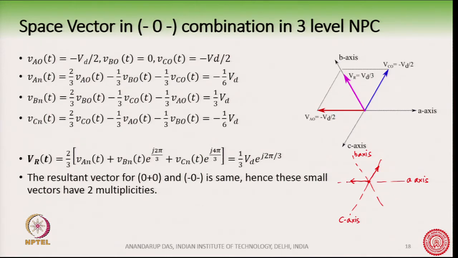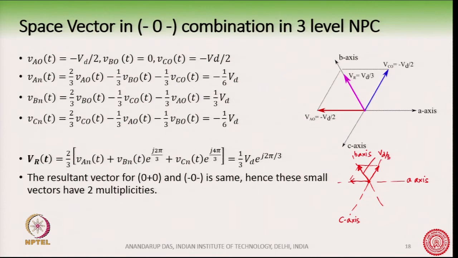Okay. So, there is a minus VD by 2 and minus VD by 2, and so the resultant of these two, by the use of parallelogram law, we can find that the resultant is like this, with a magnitude of, because we have multiplied the 2 by 3 here, VD by 3.